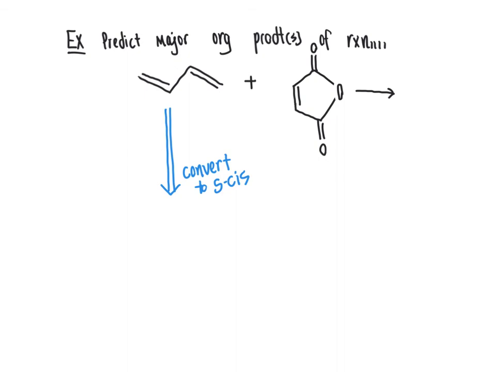We can indeed do that here because there's nothing locking this s-trans. They are not part of a ring or anything like that. And due to the fact that there are no bulky alkyl groups bonded anywhere, we can pretty easily rotate around this carbon-carbon single bond here in order to transform that s-trans conformer into an s-cis conformer.